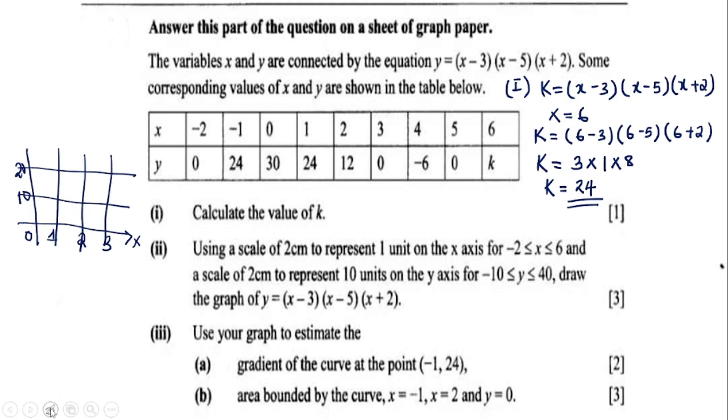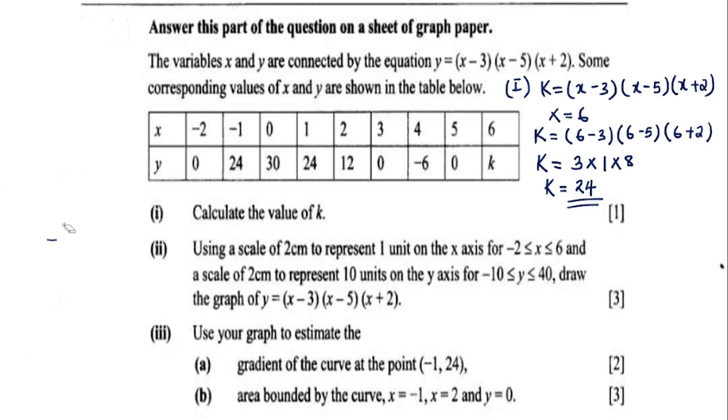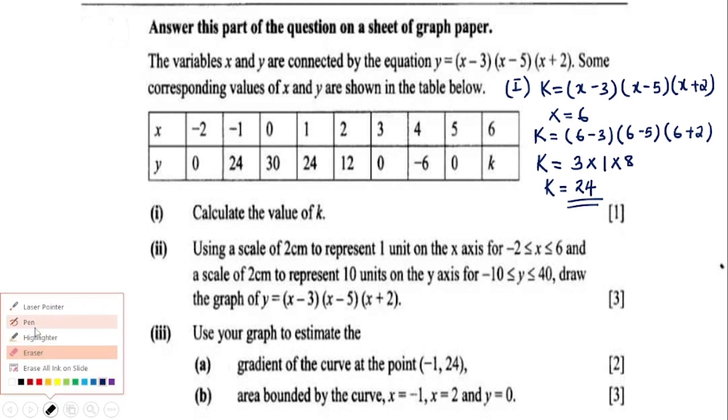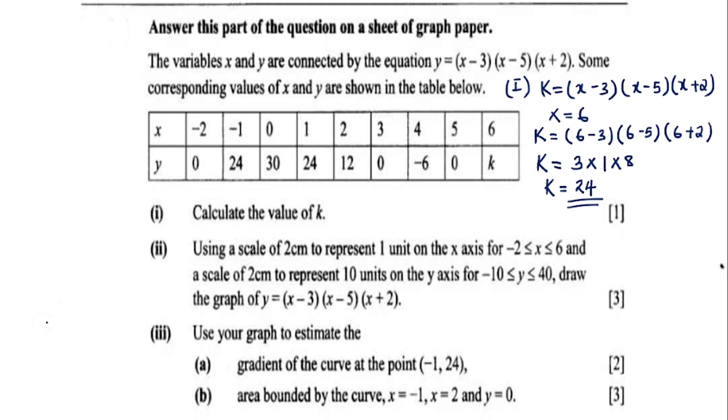So that's how we're going to write these units on our x and y plane. Now, after we do that, we are supposed to know what each small box represents before we can start plotting.